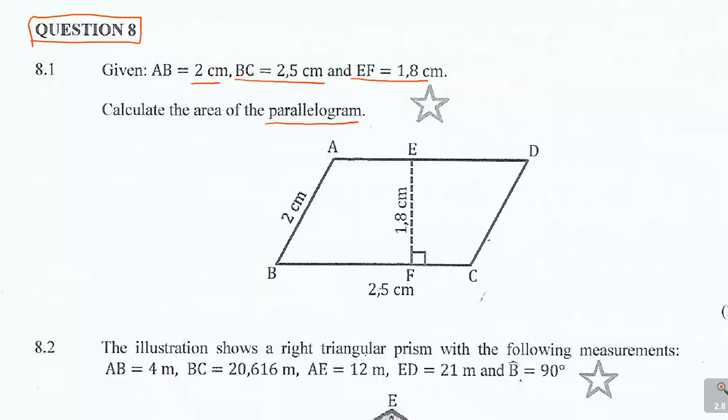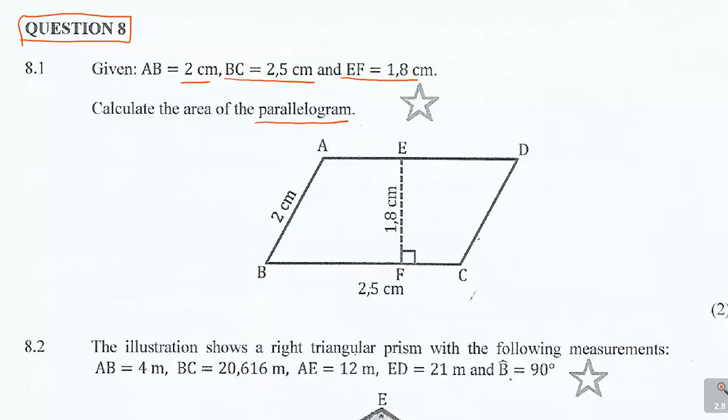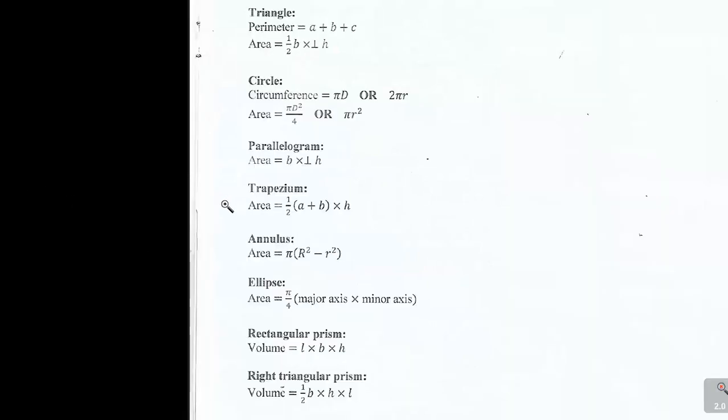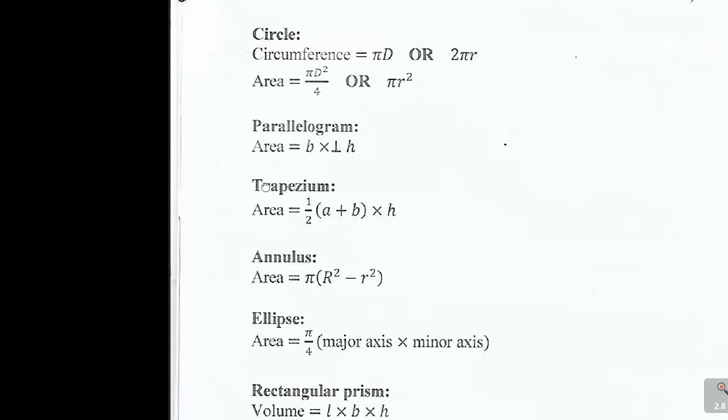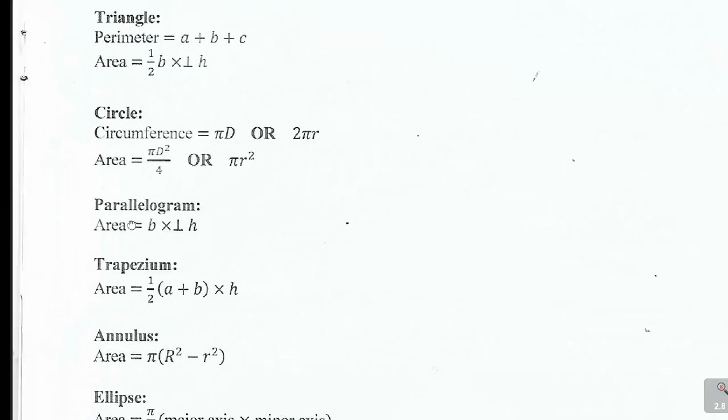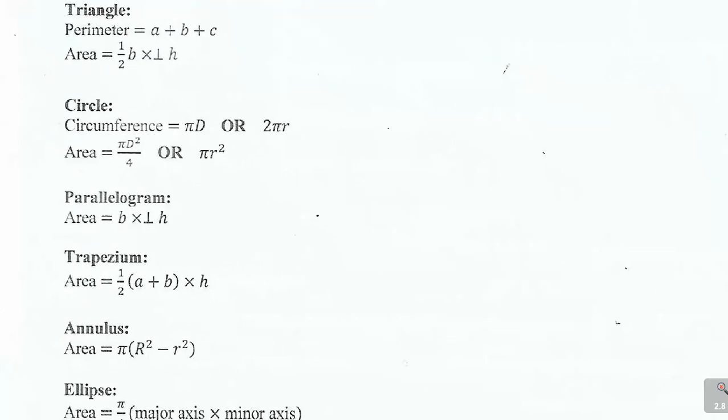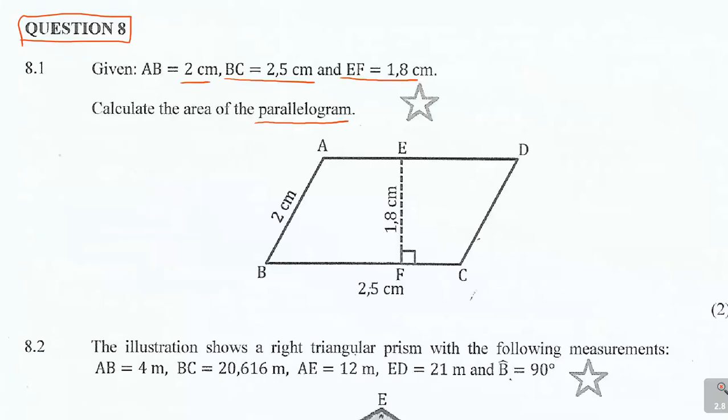First things first, you need to go to the formulas and find out what is the area of a parallelogram. And the formula there it is, parallelogram, area is base times perpendicular height. So when you come to this formula, you write it: area is equal to base times perpendicular height.